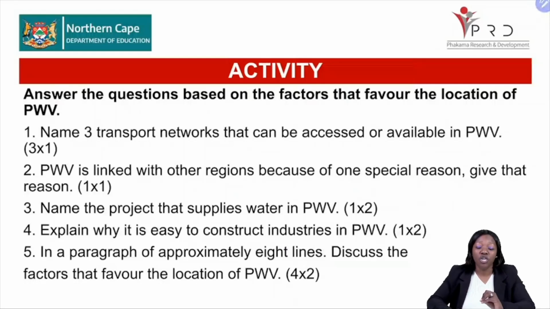The first question: name the 3 transport networks that can be accessed or are available in PWV. Remember, they do not have all the transport networks, but there are 3 that are accessed or available.